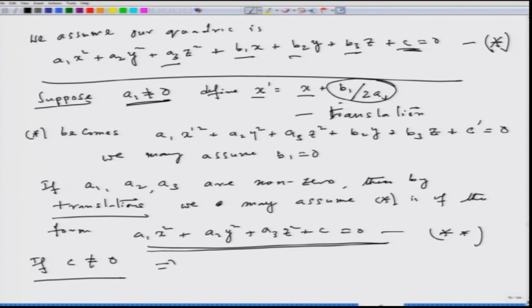So, this is actually minus A1 by C x square plus minus A2 by C y square plus minus A3 by C z square equal to 1.